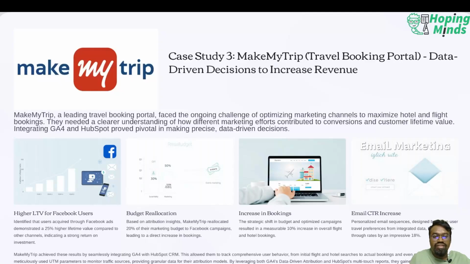But then this was just done in the initial period. Right now, I can vouch that they are using some paid tools like Adjust and MoEngage. So basically, these tools tell you about the customer's journey, the end-to-end customer journey specifically. Now, this GA4 and HubSpot CRM integration allowed them to track comprehensive user behavior from initial flight and hotel searches to actual bookings and even cancellations.